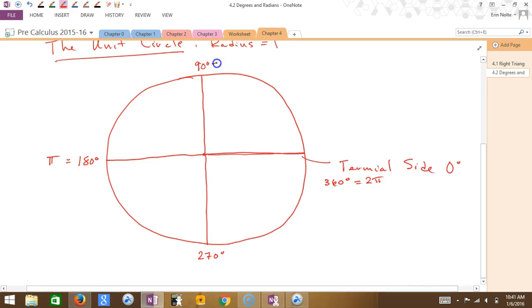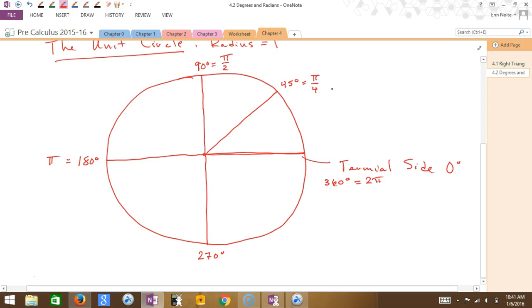Pi over 2. There you go. And let's even go further and cut that in half. This is going to be 45 degrees because it's exactly half of 90. Pi over 4.